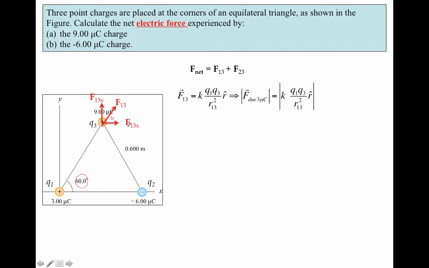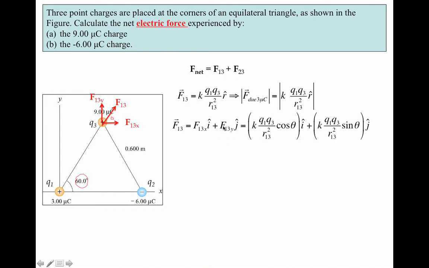So F13x will be F13 cosine 60, and F13y will be F13 sine 60, with the i hat and j hat for the x and y components of the force.